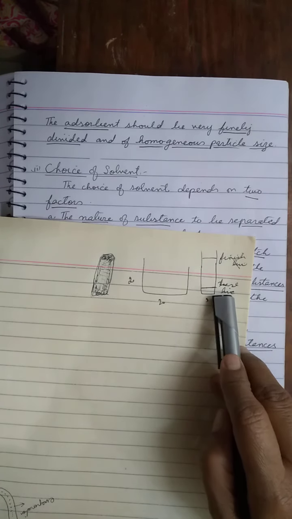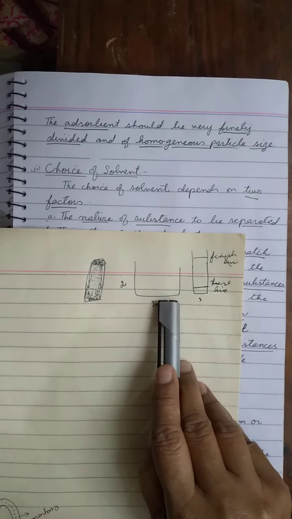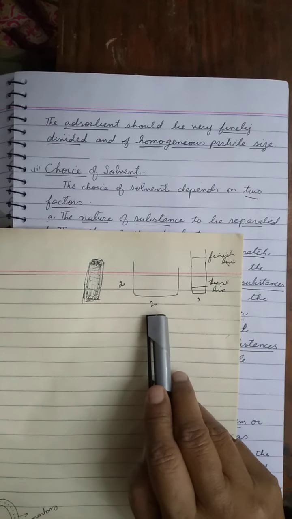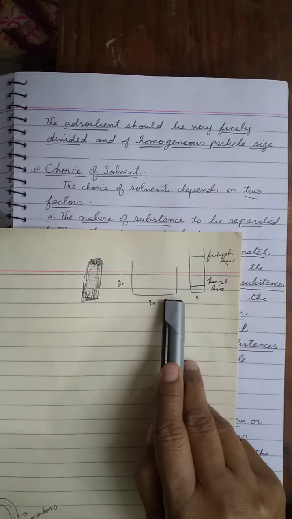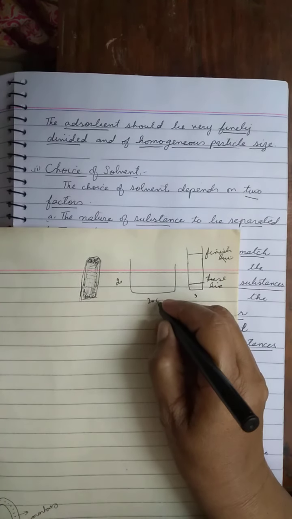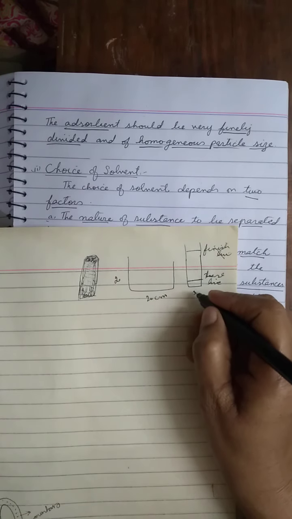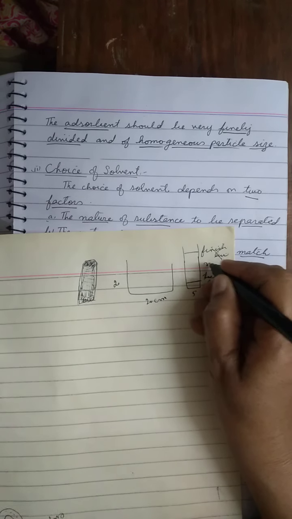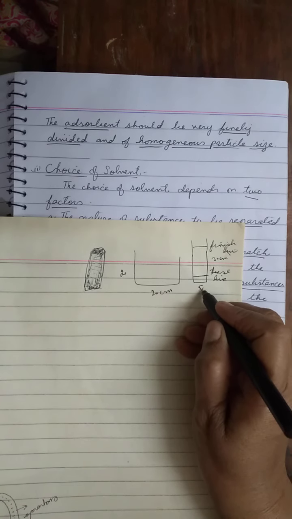This is the length side and this is the width side. Two sizes of glass plates can be used. One is 20 by 20, meaning its length will be 20 and its width will be 20 centimeters. And the other glass plate, these plates are available in the market in these sizes, will be 20 centimeters in length and 5 centimeters in width.